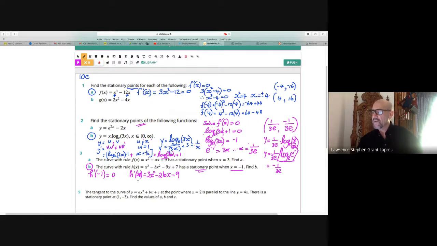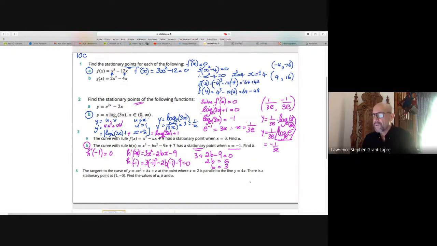Now substitute negative 1 in there and we get 0. So 3 times negative 1 squared minus 2b times negative 1 minus 9 is going to equal 0. So 3 plus 2b minus 9 equals 0. So 2b equals 6. Therefore b equals 3.